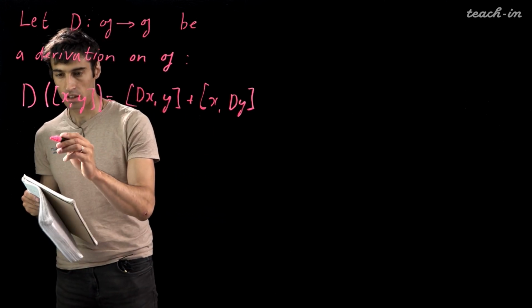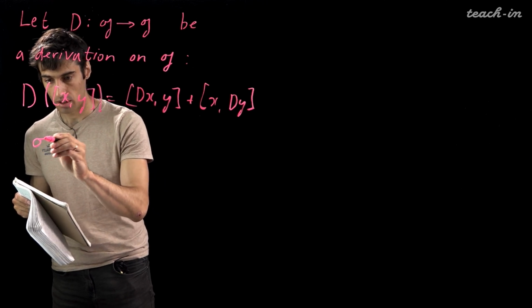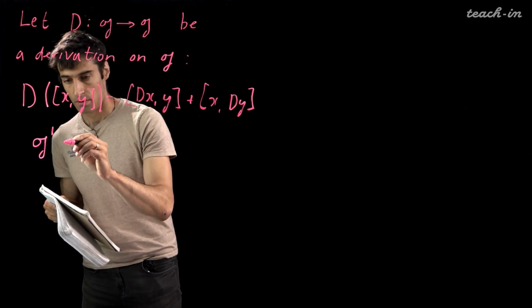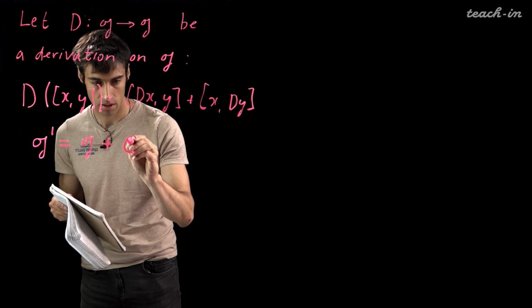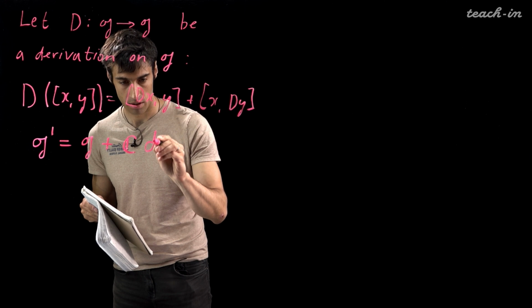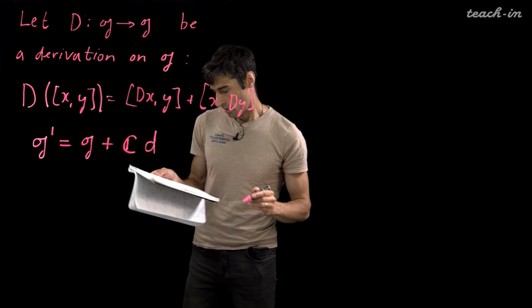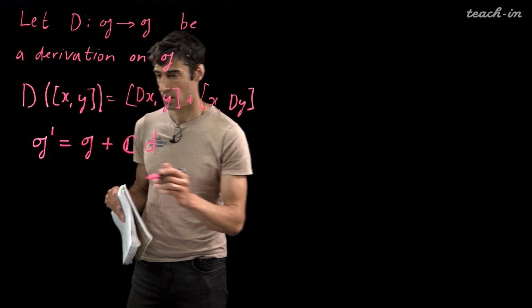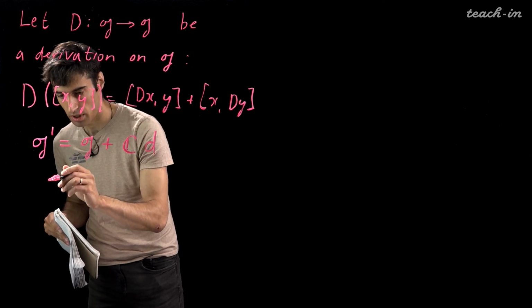Again, I define a new vector space. Let me call it G prime. It is G plus one more element, and call it D. And I introduce a bracket on G prime.